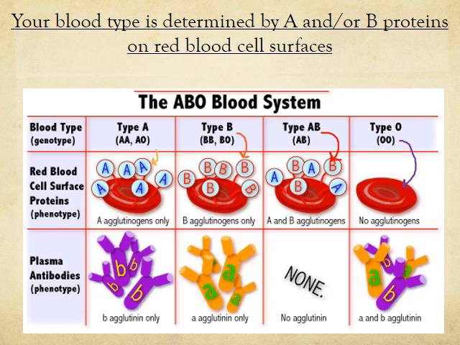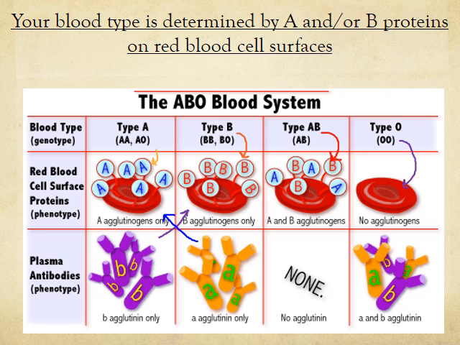With A-type blood, you have the B-type antibodies. So if it notices anything that has the B proteins on it, it's going to attack it. If you've got B-type blood, what that means is you have the A-type antibodies in your bloodstream. Meaning that if they notice the A-type protein on the surface of the blood, they're going to attack it.